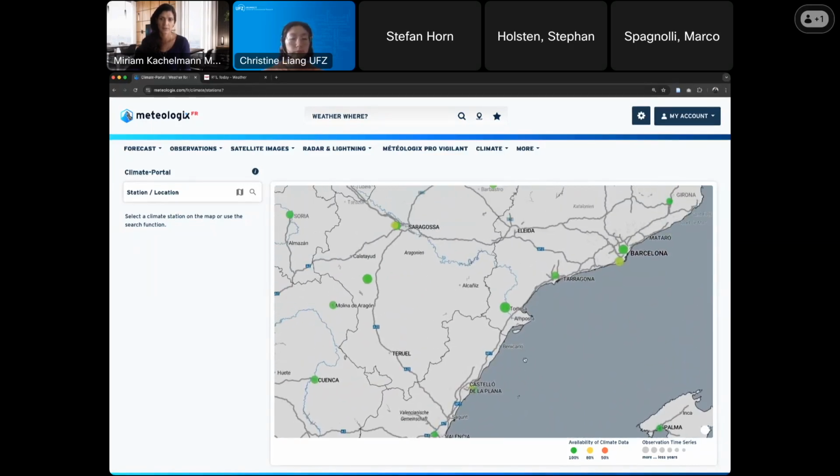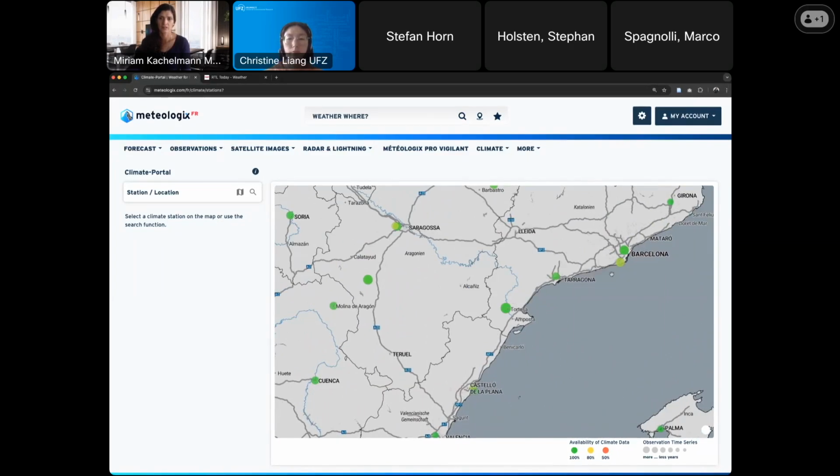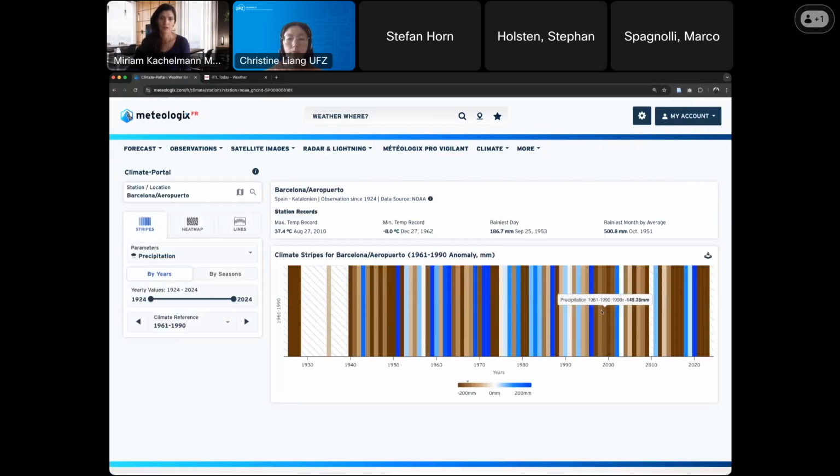And for example, if you go ahead here, that's the airport in Barcelona, you get these typical climate stripes that show you the anomaly. So you have a reference period, in that case 1961 to 1990.